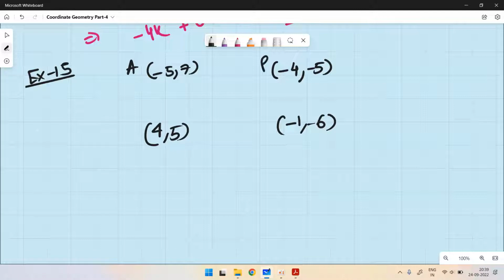These are given to you, and I'm assuming the points are something like this. There's no relation between parallelism or anything.